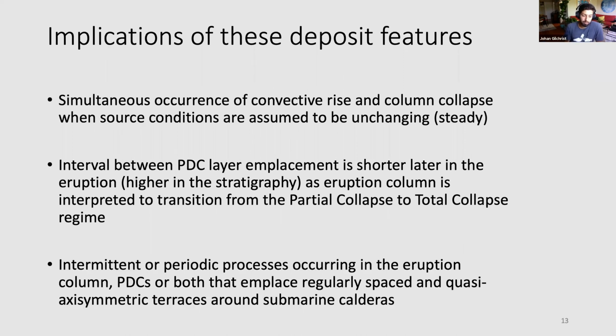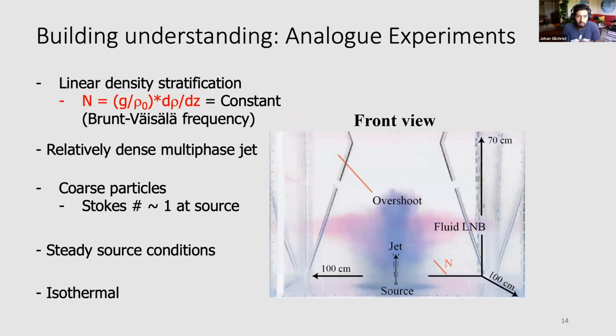And then these axisymmetric terraces with their regularly spaced wavelength might imply that there's an intermittent or periodic process occurring in the eruption column, in the PDCs that flow from the eruption column, or in both, that emplace these features. So we're going to use these to guide our investigation with our experiments.